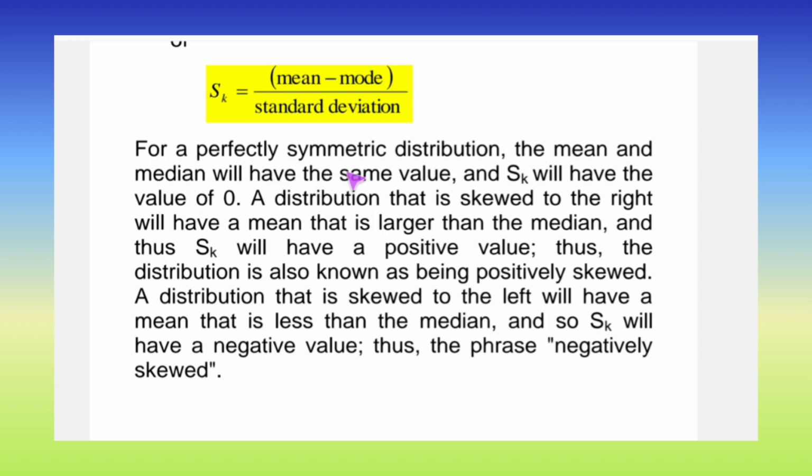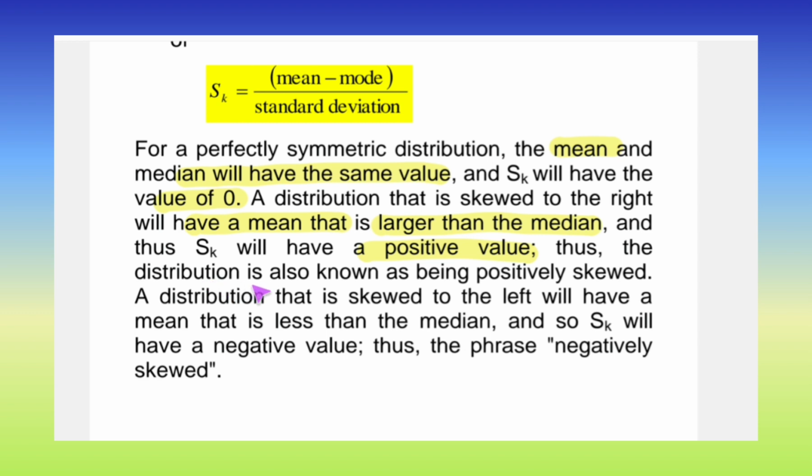For a perfectly symmetric distribution, the mean and median will have the same value, and the Pearson coefficient will have the value of 0. A distribution that is skewed to the right will have a mean that is larger than the median, and the Pearson coefficient will have a positive value.